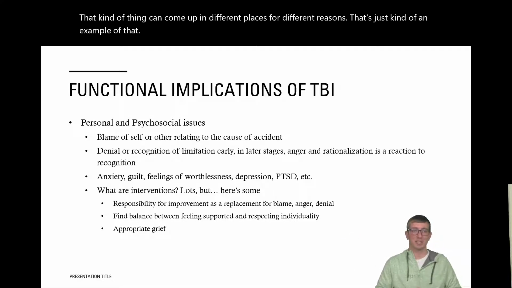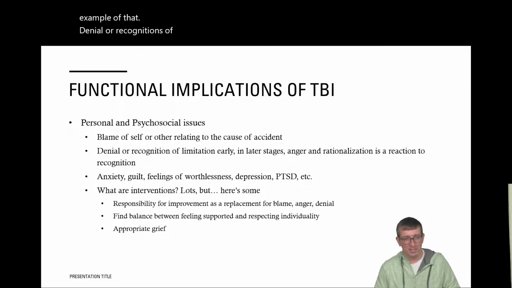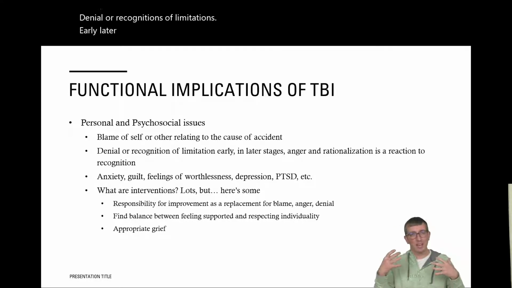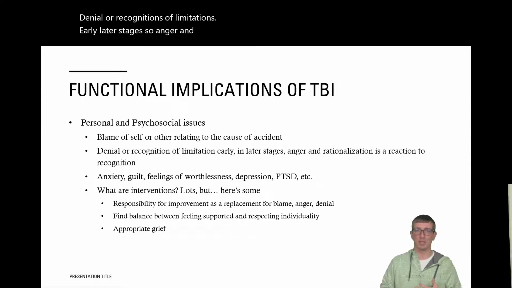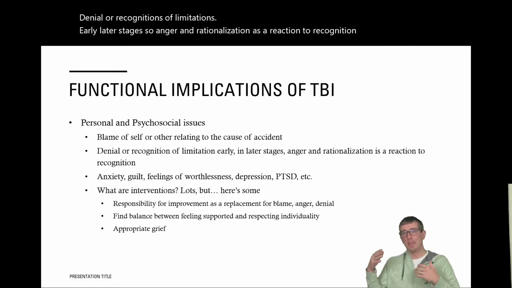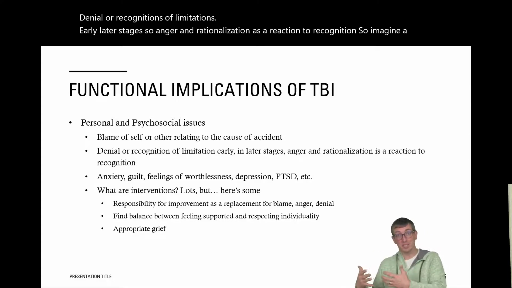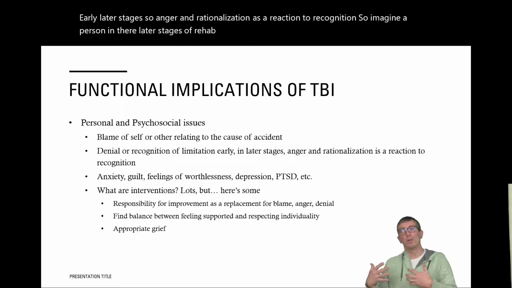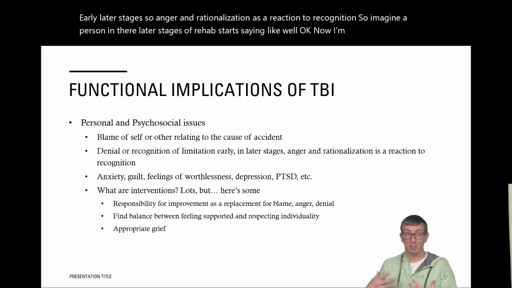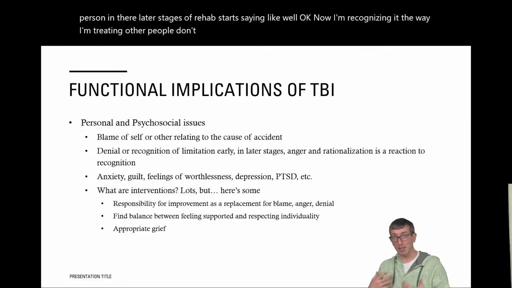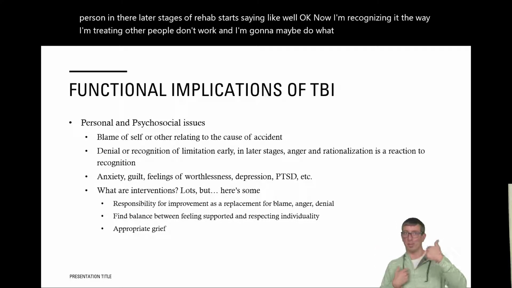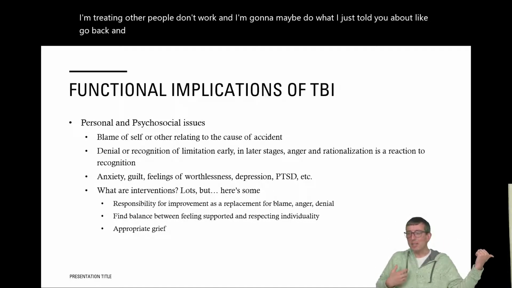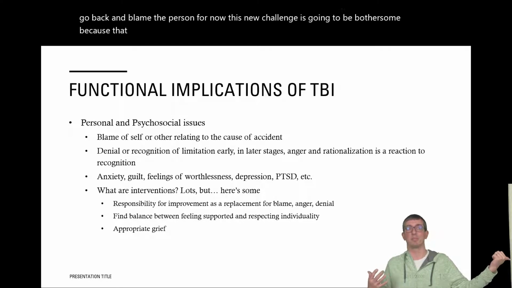Denial or recognition of limitations can happen in early or later stages. Anger and rationalization are a reaction to recognition. Imagine a person in the later stages of rehab who starts saying, okay, now I'm recognizing that the way I'm treating other people doesn't work. They might go back and blame the person, saying this new challenge is bothersome because that person made this happen to me.